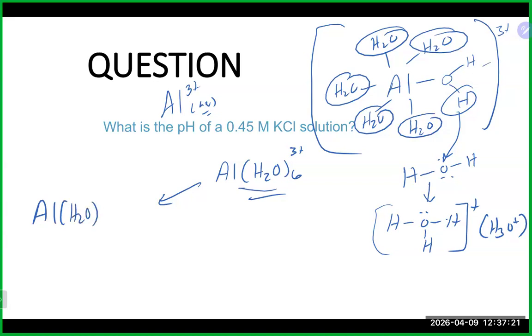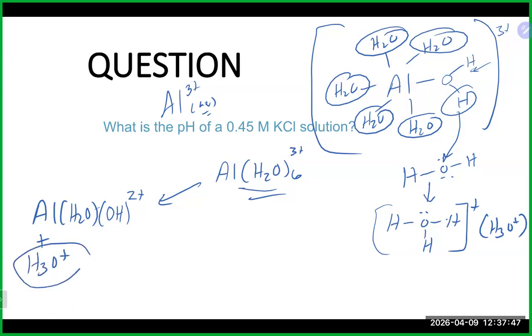But when this one loses its hydrogen, it's left with OH, which is hydroxide, right? Hydroxide is -1, and -1 and +3 gives you a +2 left over. You get this weird, funky looking thing, which in a later chapter you will know how to name, but we'll talk about that later. And you will produce, in this case, the H3O plus.